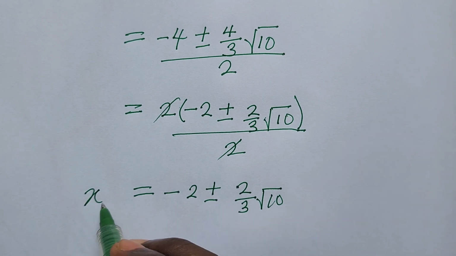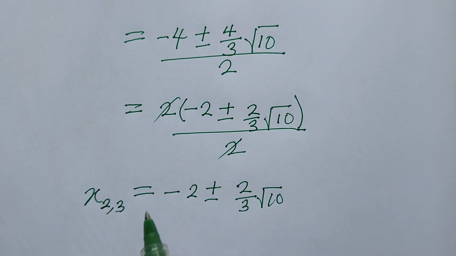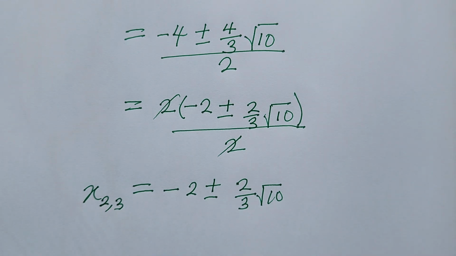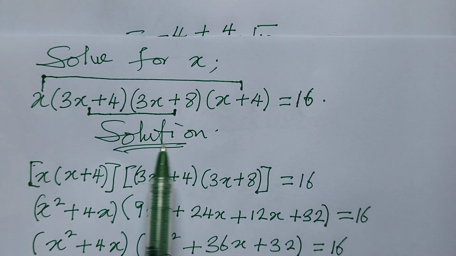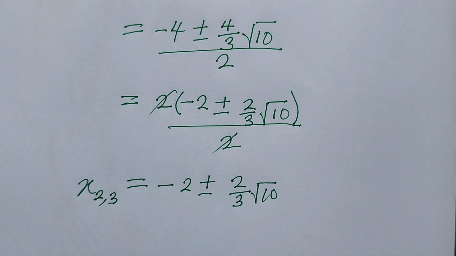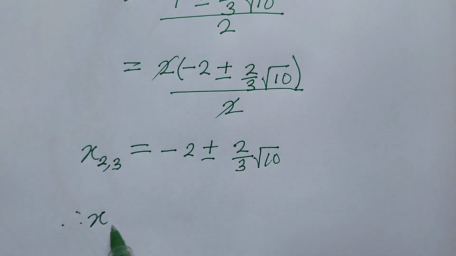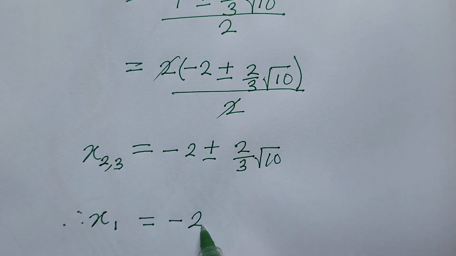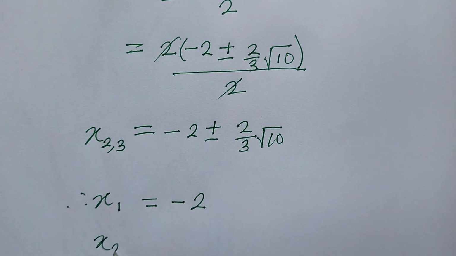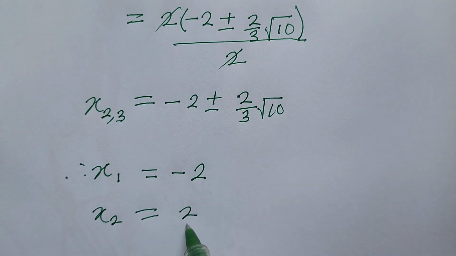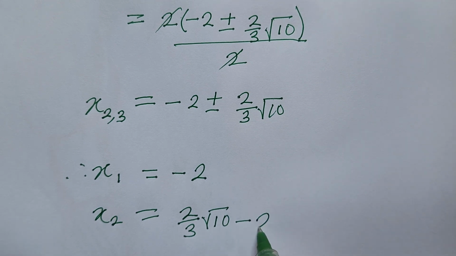This is the value of our x2, and here we have x3 also. So in all, what are the values of x that will satisfy the original equation? Let's bring out all of them. Therefore, our x1 is equal to minus 2. Our x2 will be equal to 2 all over 3 times the square root of 10, minus 2.